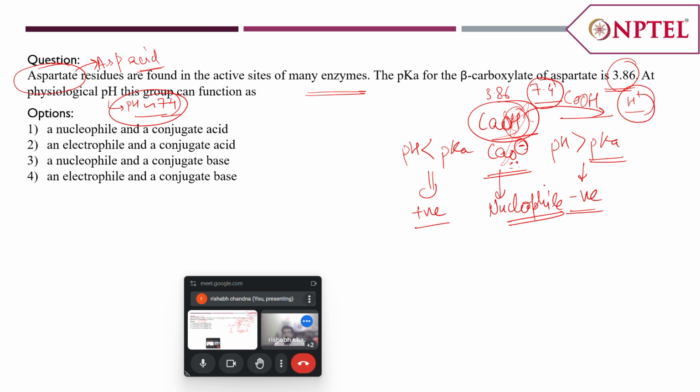As it can act as a nucleophile, it can attract many ions, so all the ions can be added to this particular group. This means it becomes a base, or a conjugate base to be specific. So here the correct answer is option number 3.